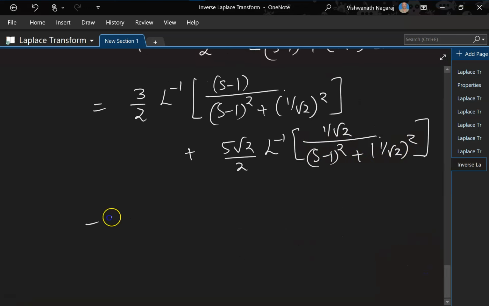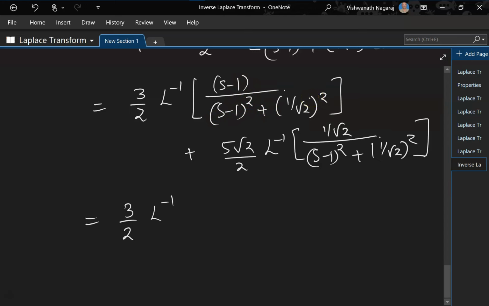Now, if you carefully observe this, you will notice that this matches the pattern of s minus k by s minus k square plus a square.